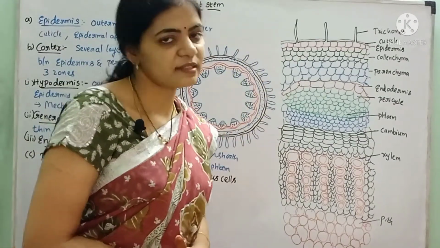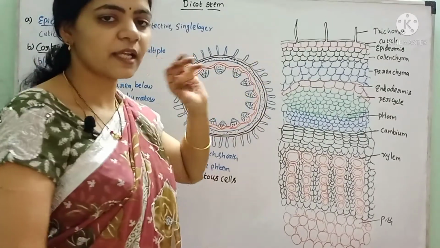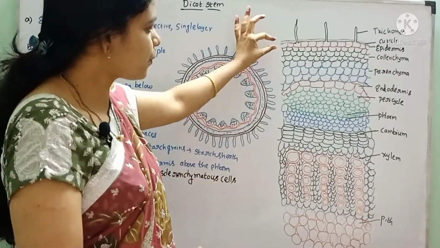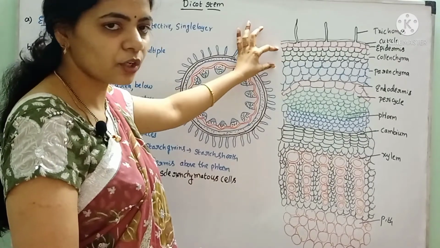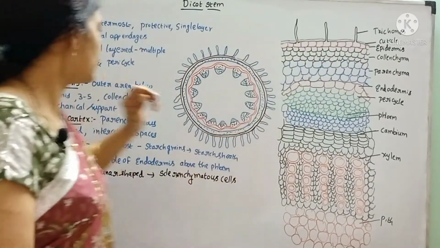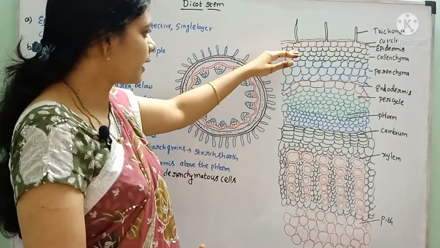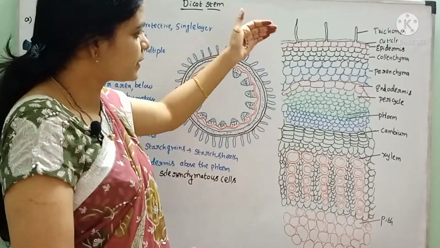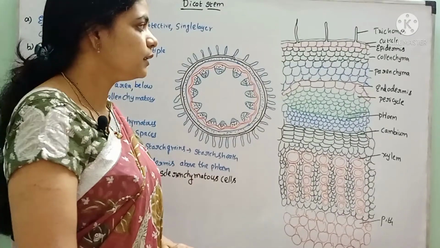The hypodermis is absent in the roots, that's why we have not studied it. Here in the stems, the hypodermis is present. So what is the next layer below the epidermis? The first layer of the cortex is nothing but the hypodermis. It is the outer area of the cortex, just below the epidermis.